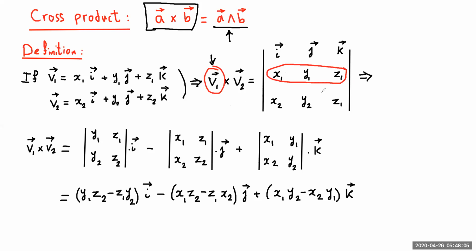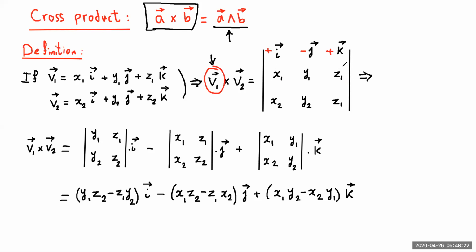To calculate this determinant, you will take plus, minus, plus. I times the determinant obtained after deleting the row and the column of i.